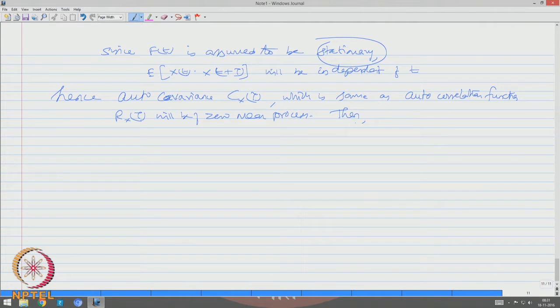Then C_x(tau), the autocovariance function, can be expressed as the double integral h_f(x,s1) h_f(x,s2) C_f(tau + s1 - s2) ds1 ds2.